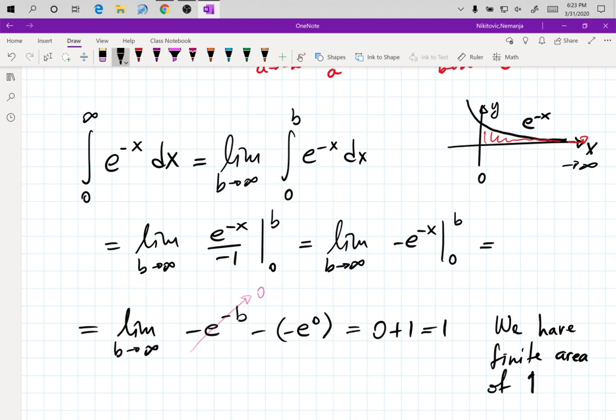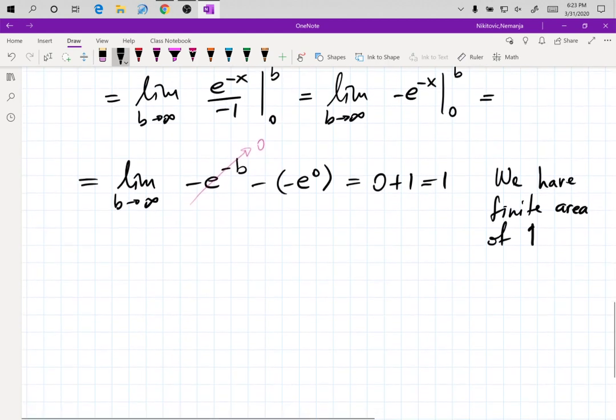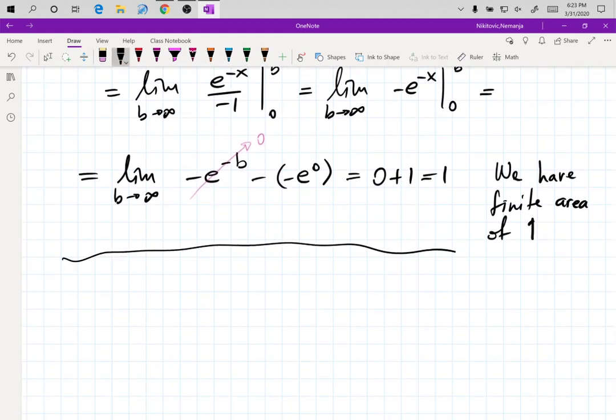So let's take a look at a couple more of these. Type 1. I'll pick something out from homework. As long as you are able to integrate, which is right at the beginning of this chapter, you will replace the infinity with the limit, and you just go from there.